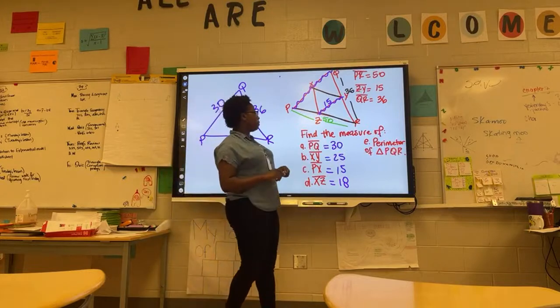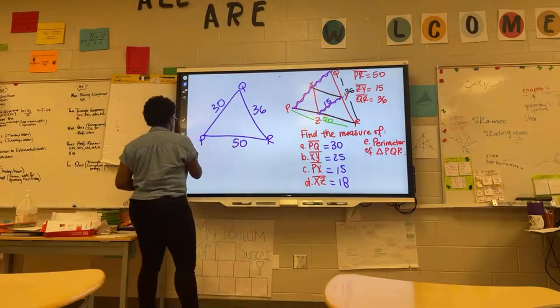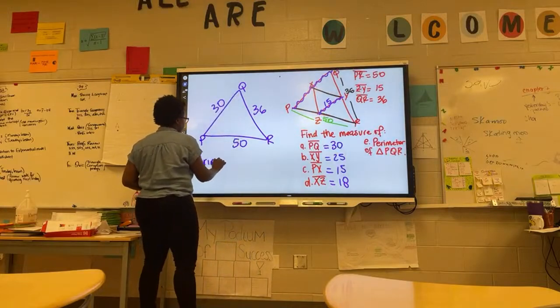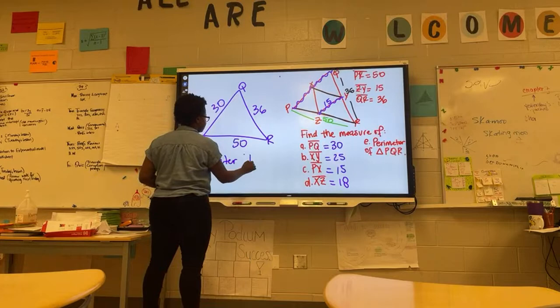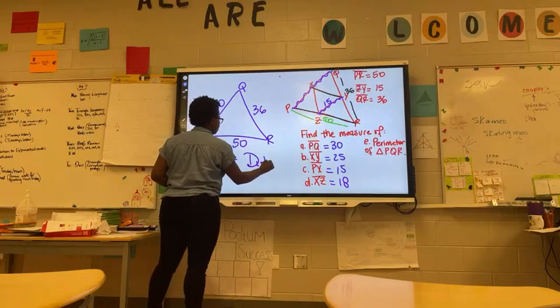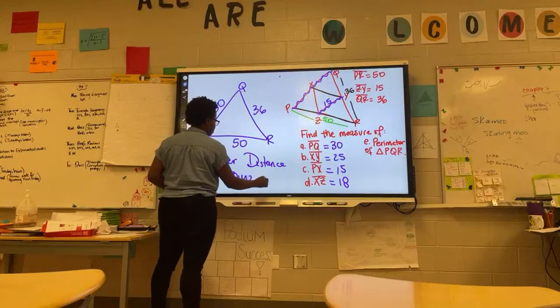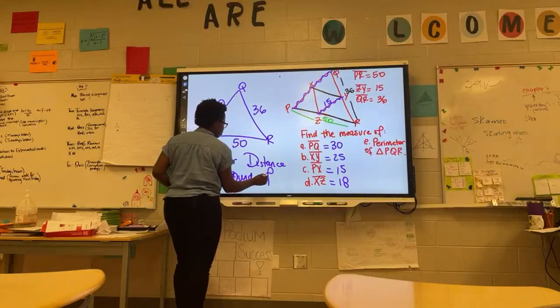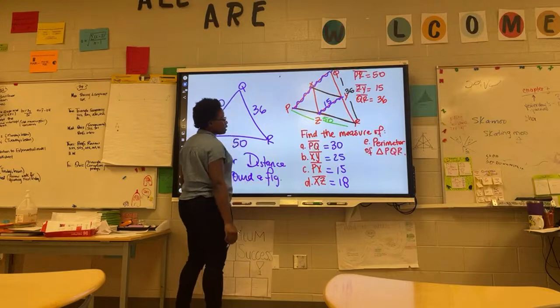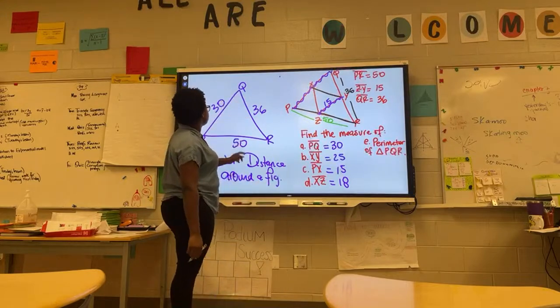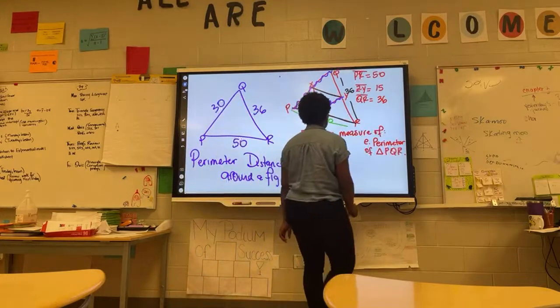We also know that perimeter means the distance around a figure. So in this case, the distance around this would be 30 plus 36 plus 50.